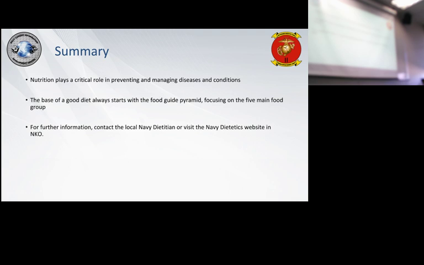Nutrition plays a critical role in preventing and managing disease and conditions. The base of a good diet always starts with the food guide pyramid, focusing on the 5 main food groups, and there's always good info on NKO. There's a class you can take that talks about nutrition. Any questions?